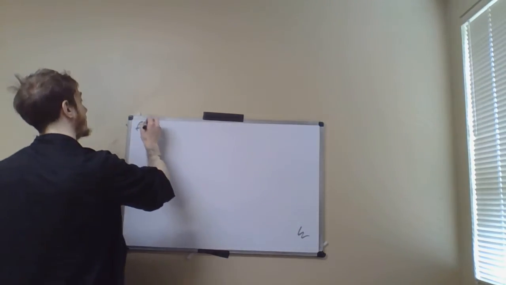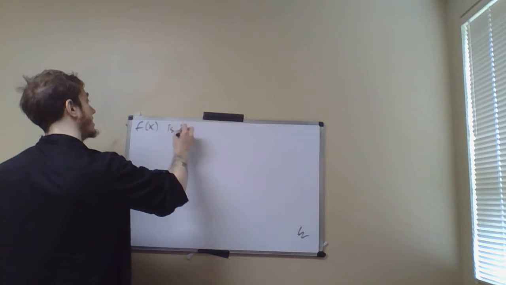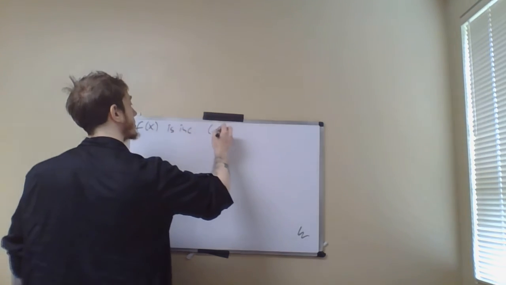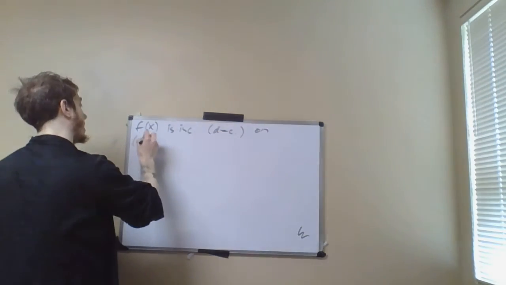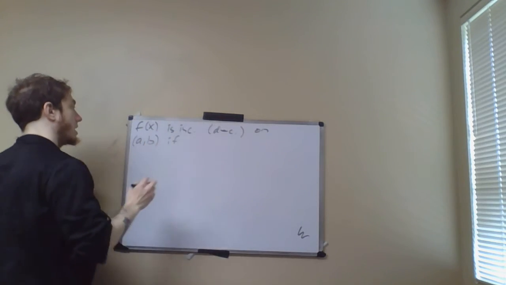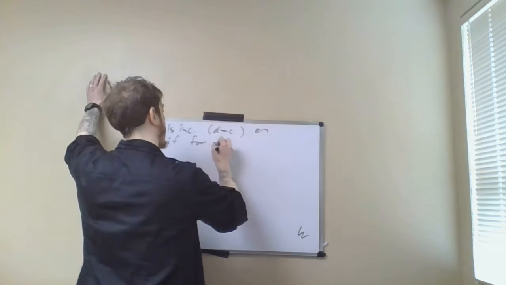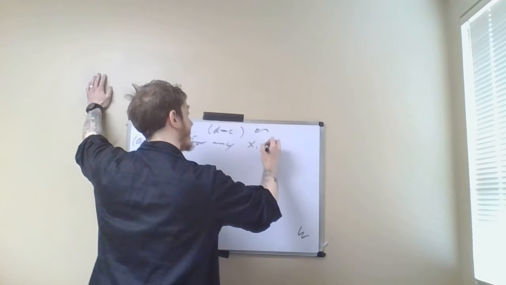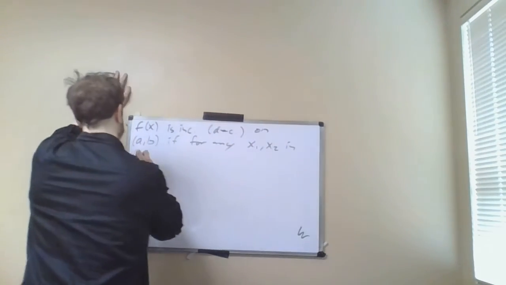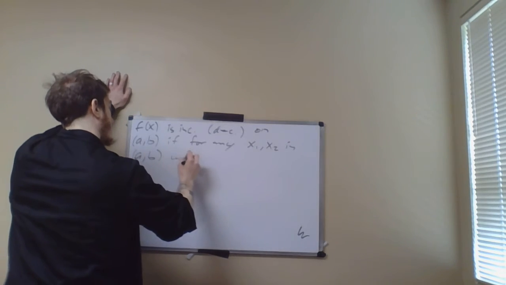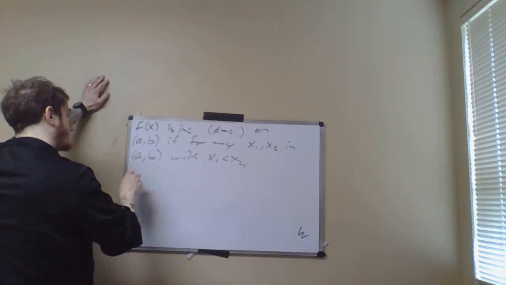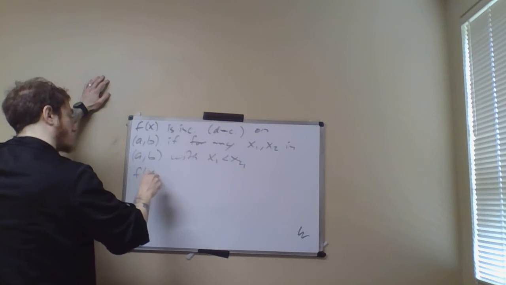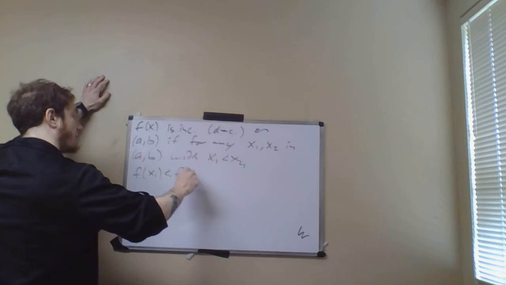So we will say that f of x, a function, is increasing or respectively decreasing on the open interval a up to b if for any pair of values in here, x1 and x2 in a to b, with x1 less than x2, we have f of x1 smaller than f of x2.